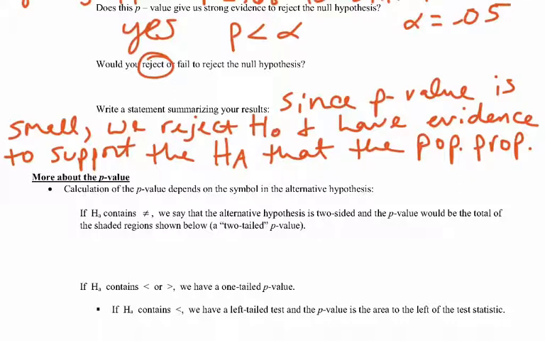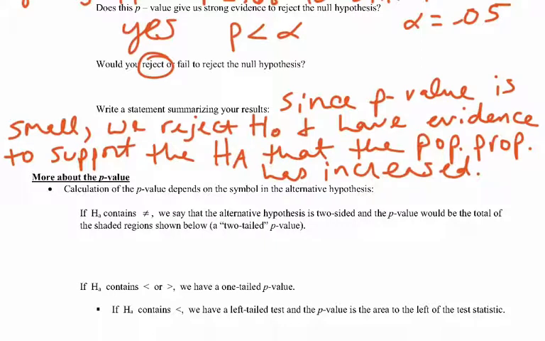And so we have evidence to support that there actually has been a shift upwards, according to at least February of 2018, in the proportion of people who support stricter gun control laws.